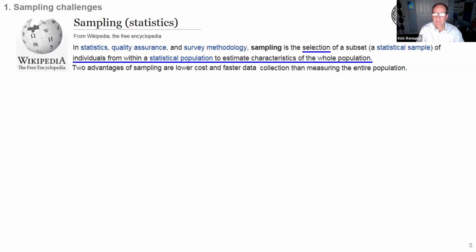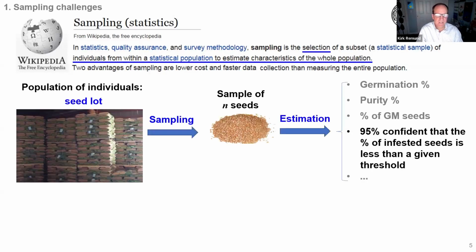More specifically for seed testing, here on the left, you can see we have a seed lot. This example is probably a row cropped seed lot. Could be maize, could be soybeans or oilseed rape or something. But for our interest in the veg area, could be a vegetable seed lot. All right, and we need to do some sampling.